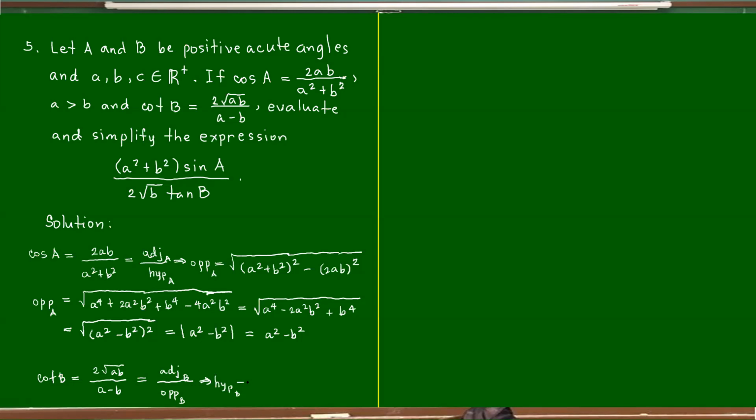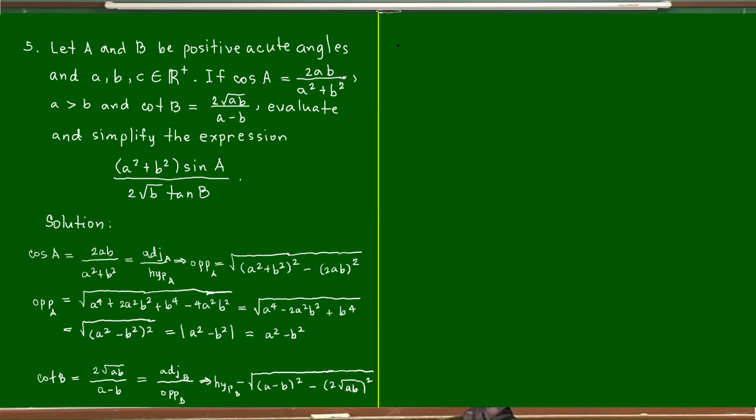Hypotenuse to B. What is hypotenuse to B? So that is the square root of opposite, A minus B, quantity squared, plus adjacent, 2 square root of AB, quantity squared.